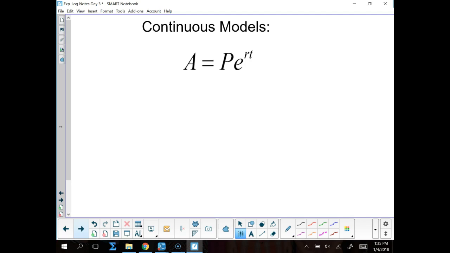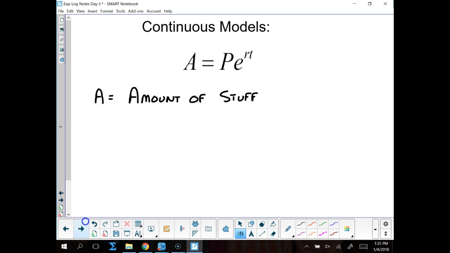So in PERT, A stands for the amount of stuff. Sometimes it's going to be money. Sometimes it might be carbon-14 left in your body after you stop living.